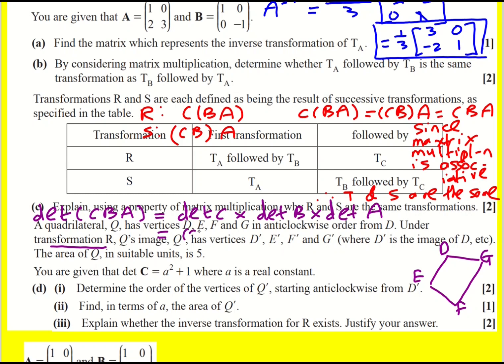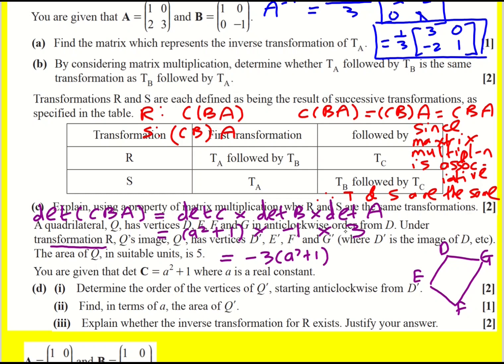So for C, we know it's a squared plus 1. For B, it's going to be minus 1. And A we found before was 3. So I'm going to get minus 3 times a squared plus 1.